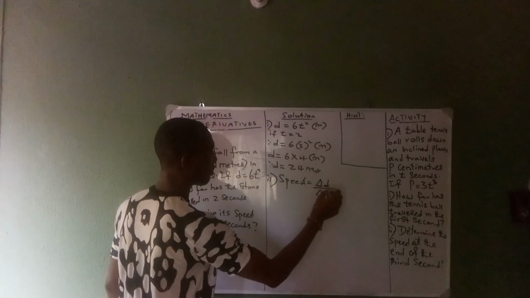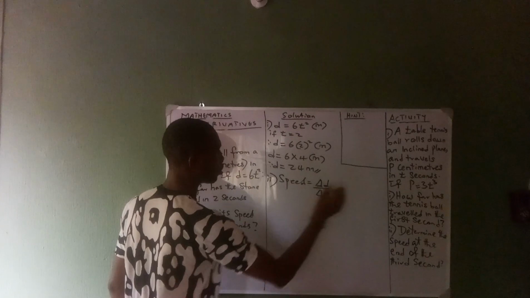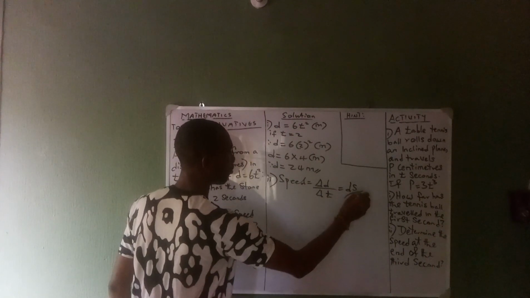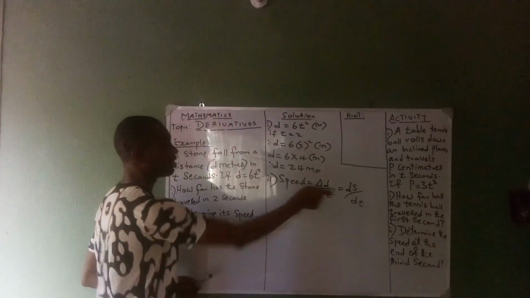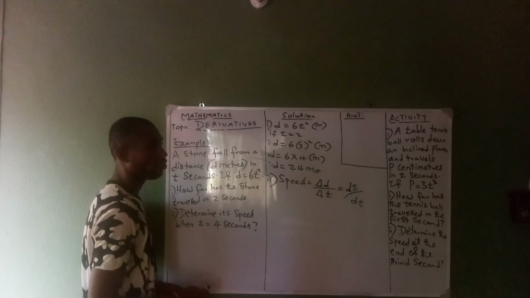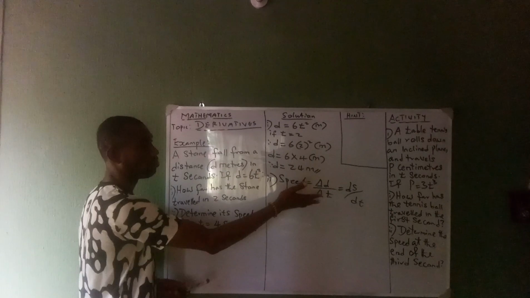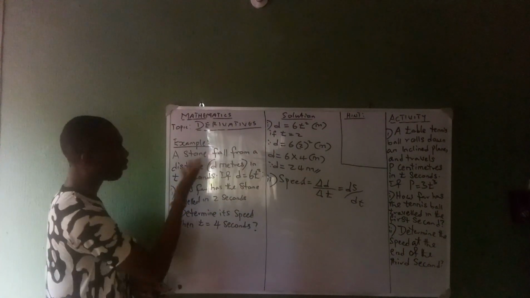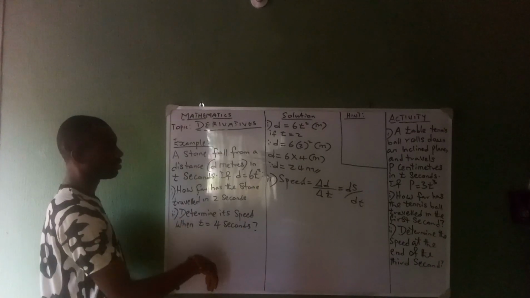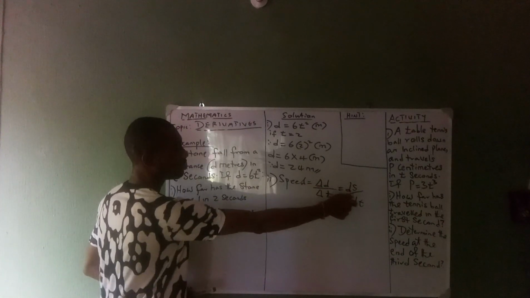Therefore, we have it that it is equal to dx over dt. The dx over dt defines the speed of a body in this case. So let us say that the speed of the stone falling down is dx over dt.